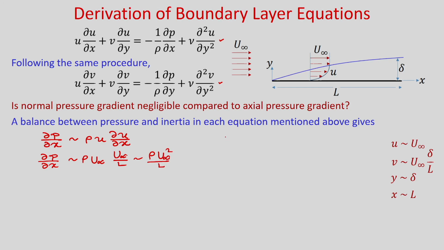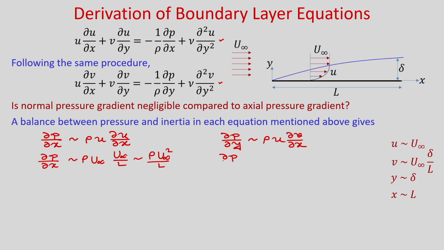Now, consider the normal pressure gradient, so del P by del y. Okay. If you compare with one inertia term, so you can write rho u del v by del x. Okay. Both the inertia terms are of the same order, so you can compare with any of the inertia terms.